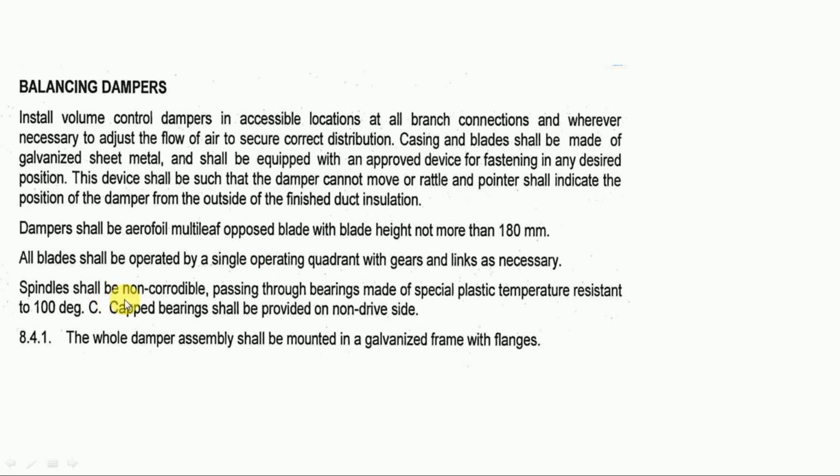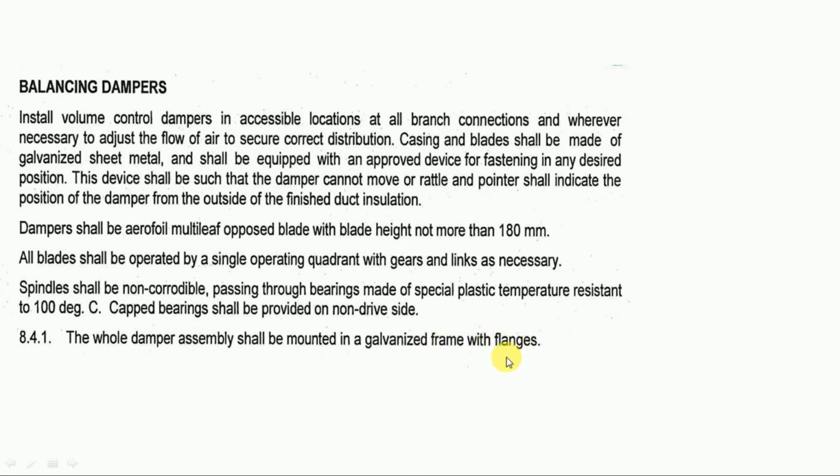And the spindle shall be non-corrodible, passing through bearings made of special plastic, temperature resistant to 100 degrees Celsius. Capped bearings shall be provided on the non-drive side. These are basic accessories that will come from the manufacturers. The whole damper assembly shall be mounted in a galvanized frame with flanges. The frame shall be galvanized, and it should come with the flanges.